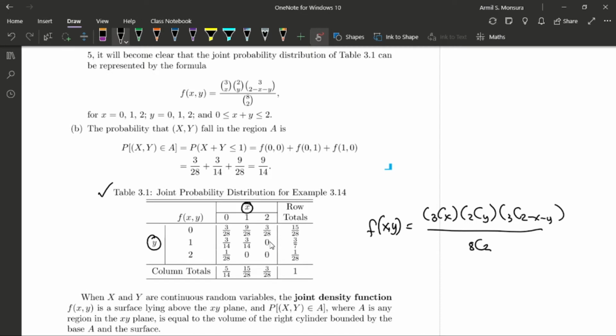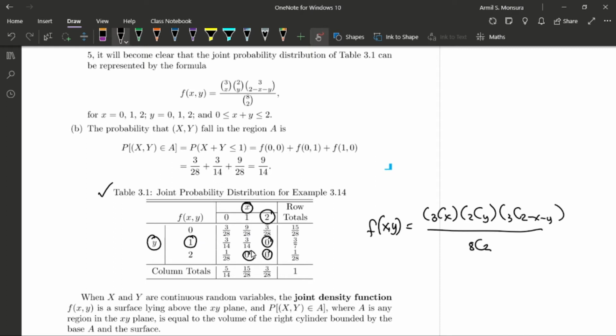Now, this part, this 0 here, it's because it is no longer part of our sample space. If you look, the total of this and this, for example, is 3.